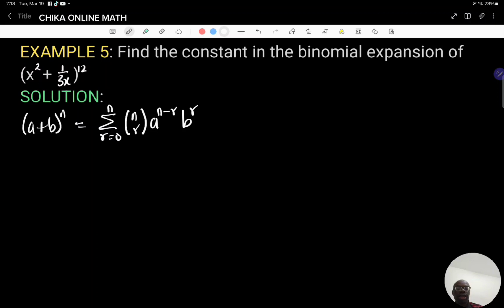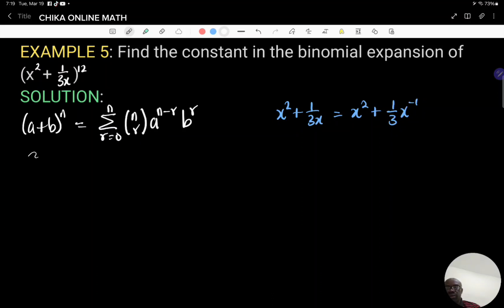Now, we are given x squared plus 1 over 3x, okay? This is nothing but x squared plus 1 over 3x raised to the power minus 1, okay? Now, we'll substitute this into this series.